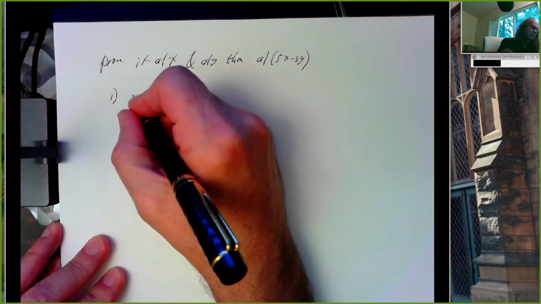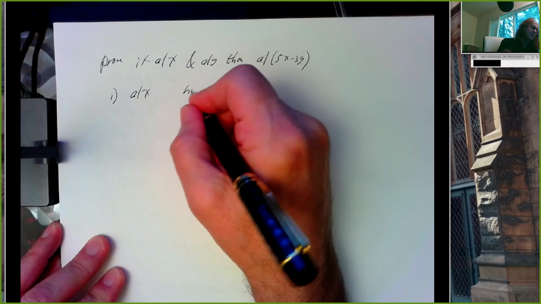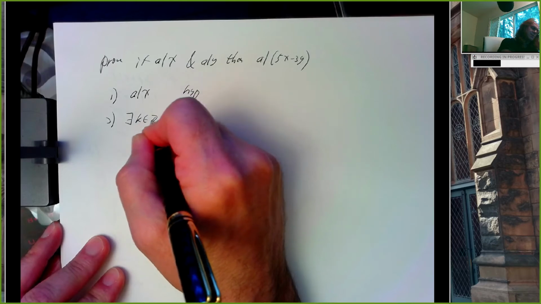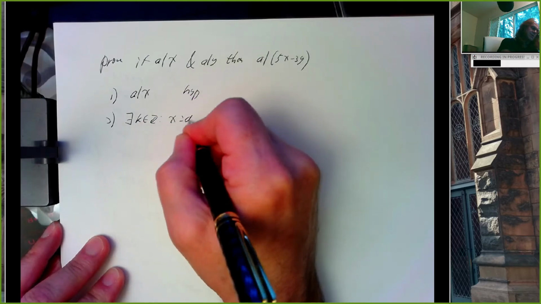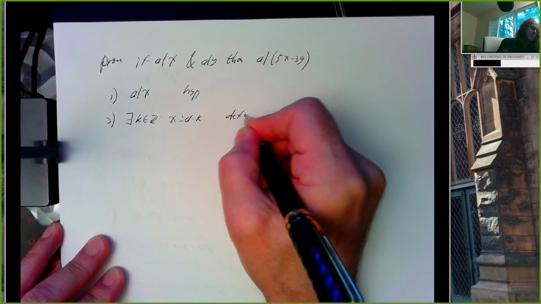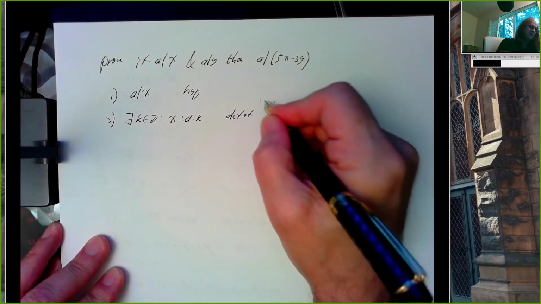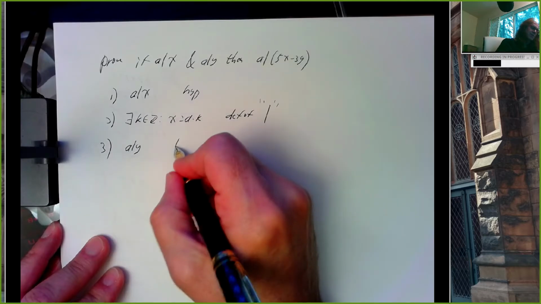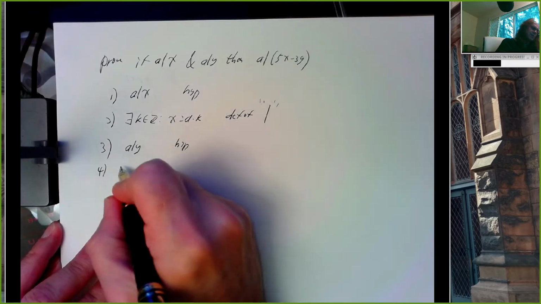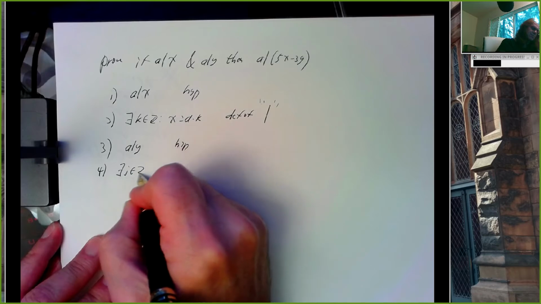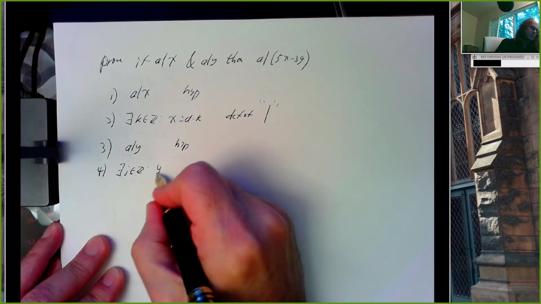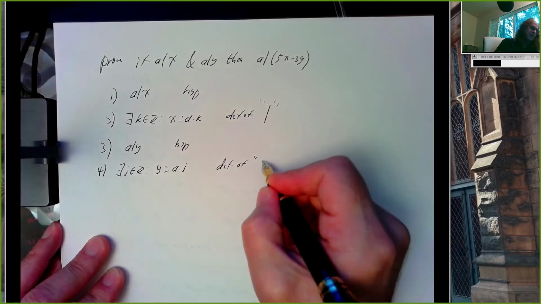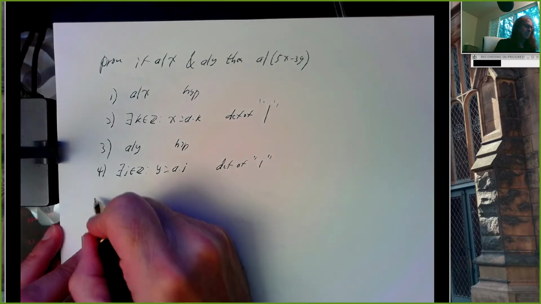Statement 1, a divides x, that's a hypothesis. So there exists a k such that x equals a times k. That's the definition of divides. And then a divides y. That's a hypothesis. And so there exists a j, which is an integer, such that y equals a times j. That's again the definition of divides.